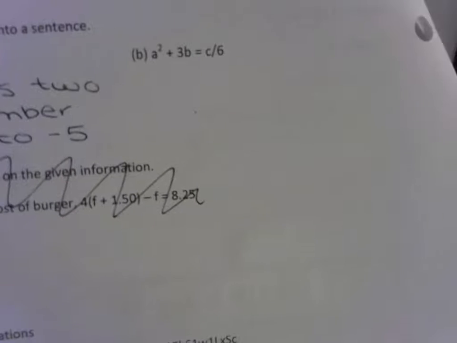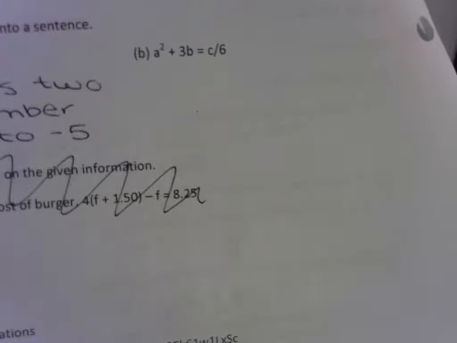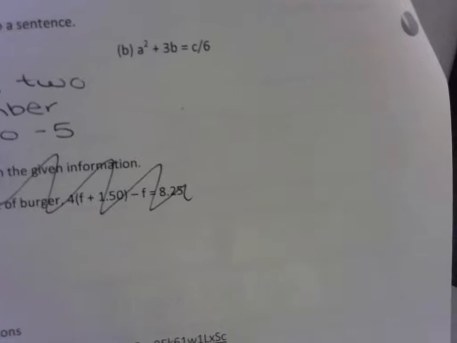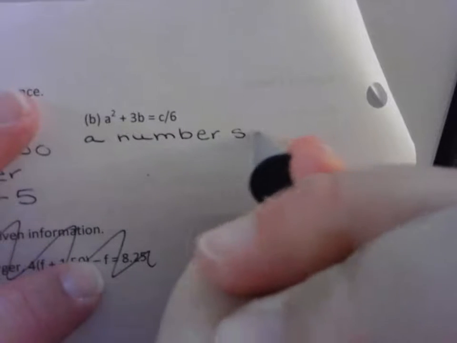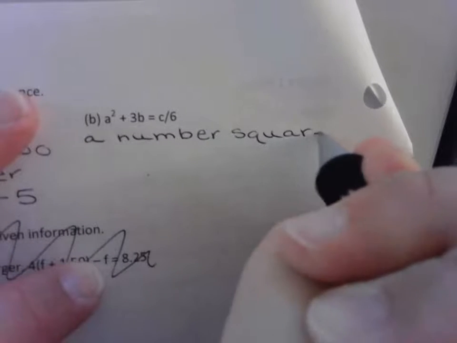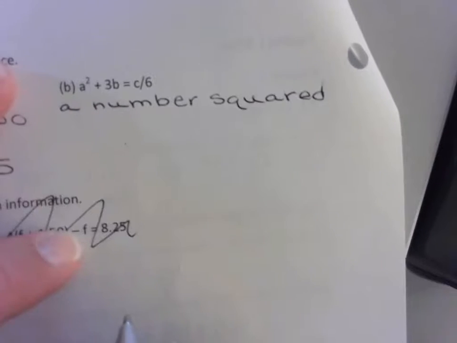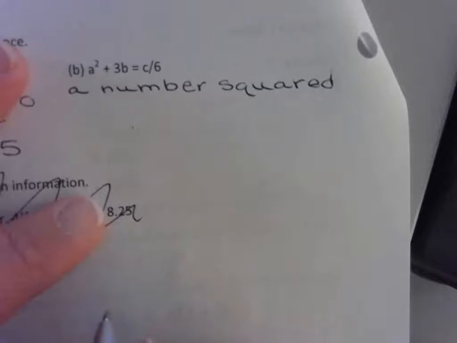Okay, let's look at B. If I look at equation B, a number squared, that's fine. A number squared takes care of x squared.